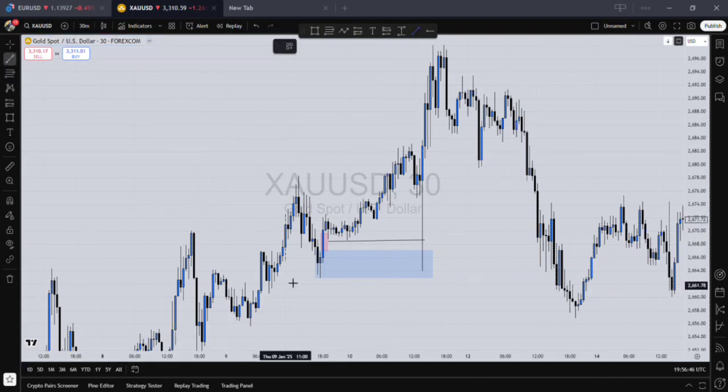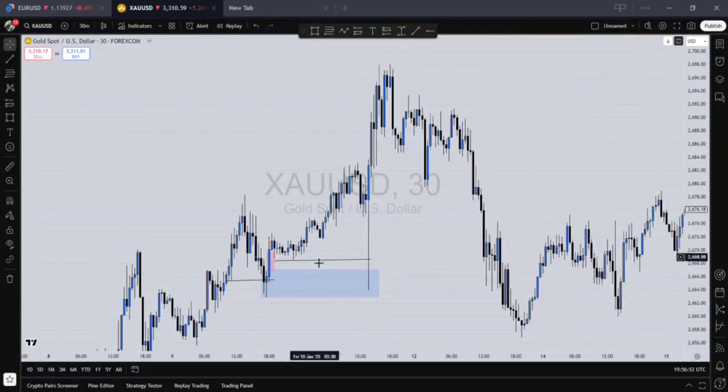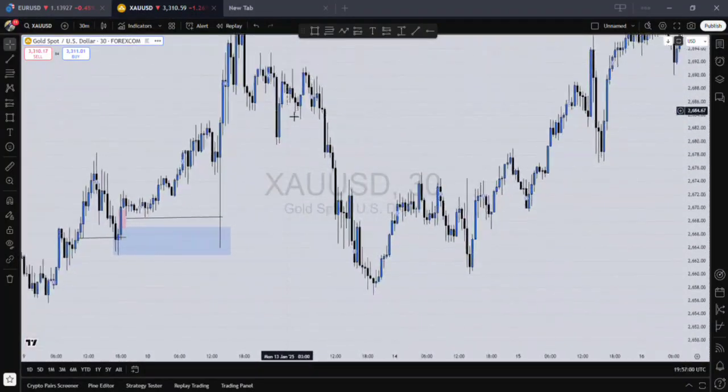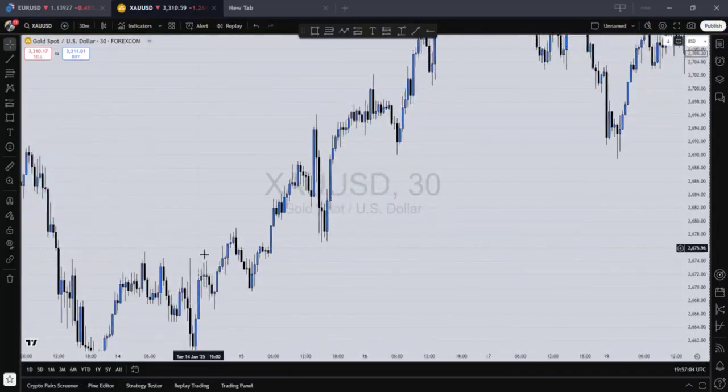Fair value gap, your order block, and it is obvious. The liquidity that was cleared is obvious in 15 minutes. And our inducement, of course, and all the way up, tapped in and aggressively. So price will likely not use it to start a trend.